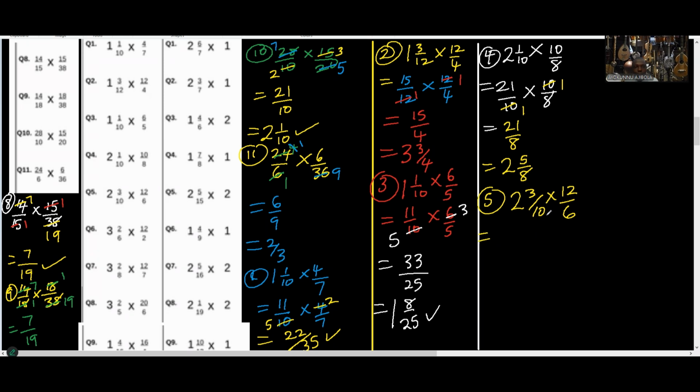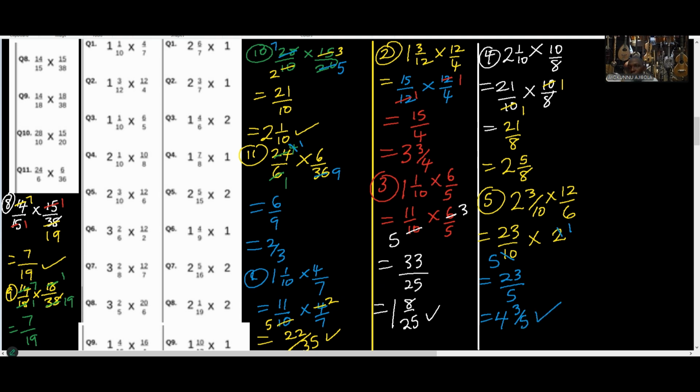So this is 23 over 10 times 2. Then we can divide the 2 and the 10 by 2. So this is 1, this is 5. We have 23 over 5, which is how many 5 is in 23? That is 4, remainder 3 over 5.